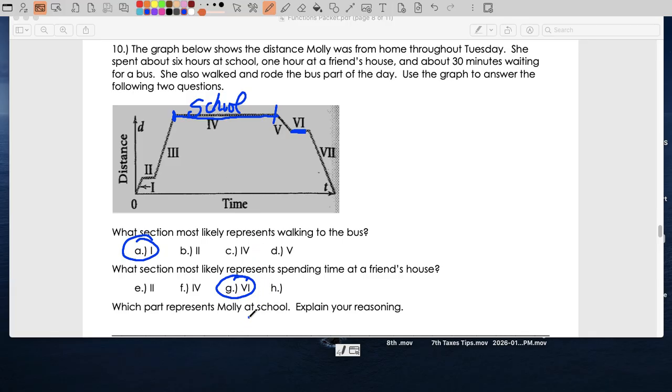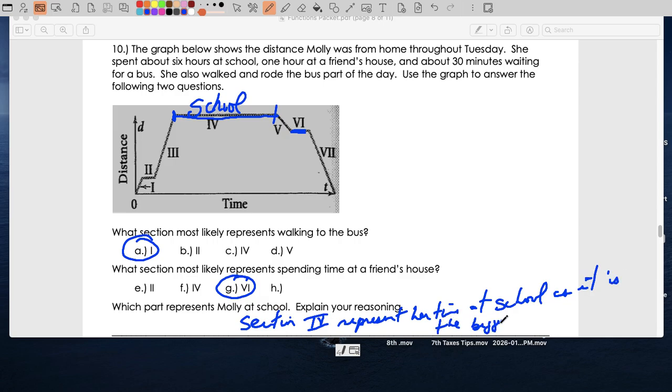So section 4 represents her time at school, as it is the biggest chunk of time where her distance to the house does not change, right? Yeah.